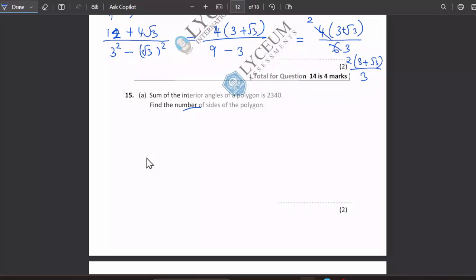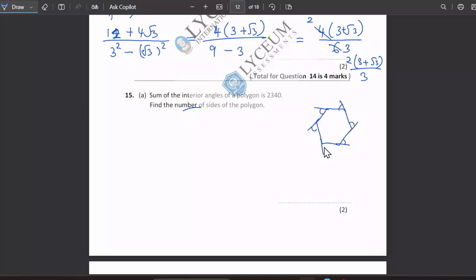We know if there is this kind of a polygon, now we have 6 sides. All the exterior angles should be added up to 360. So these are the exterior angles.